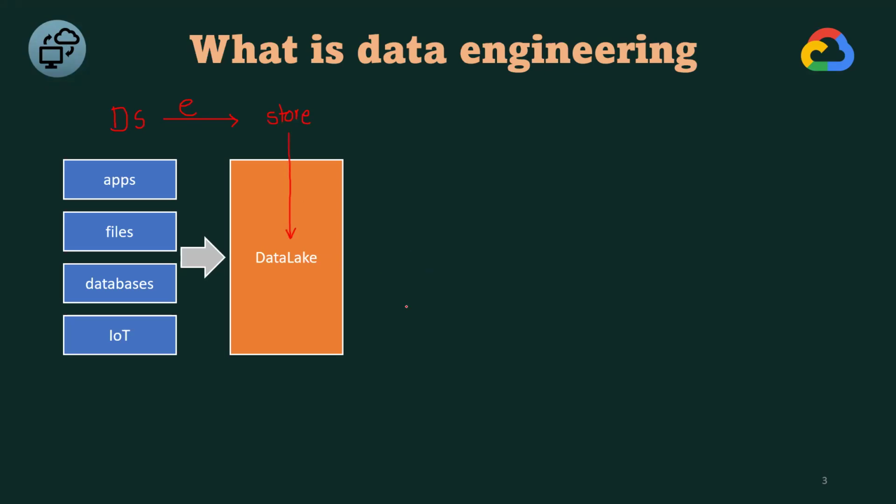A data lake is a raw storage repository where you can store any amount of data in a raw format. You can call it a data lake, or you can also call it a staging area.